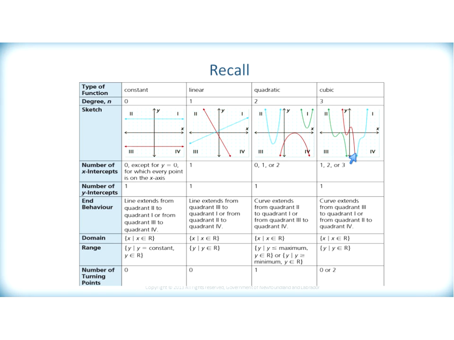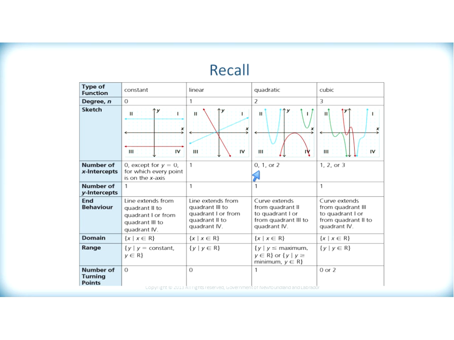The number of x-intercepts for each one of these functions. For a constant, there will be 0 x-intercepts except for the function where y is equal to 0. That is, the line would be the x-axis, and in this case, every point would be on the x-axis. For a linear, there's 1 x-intercept.